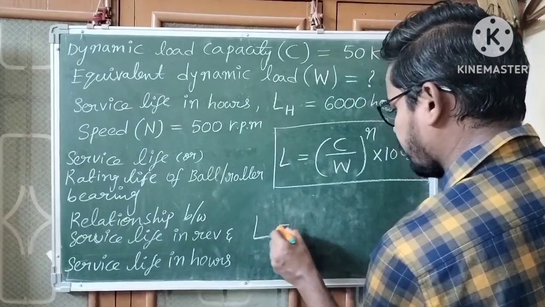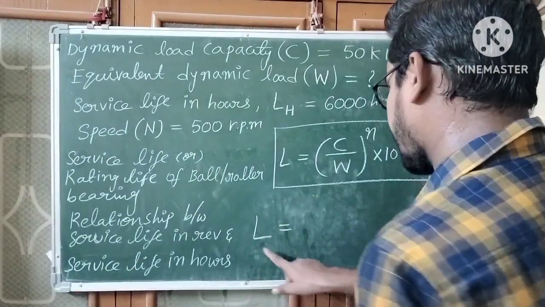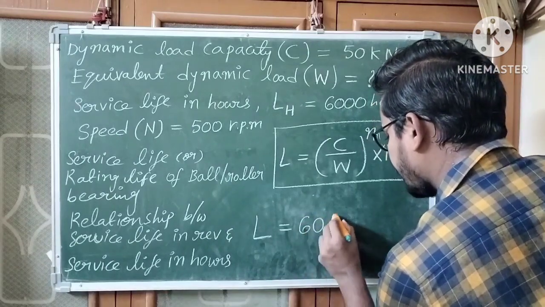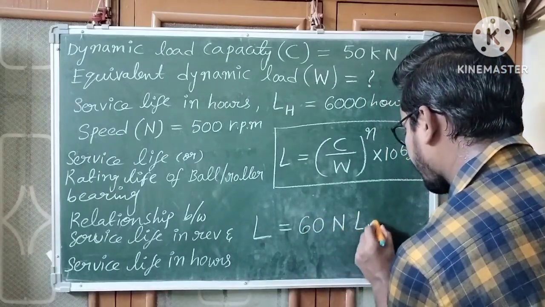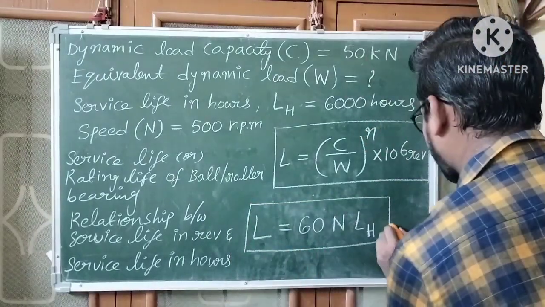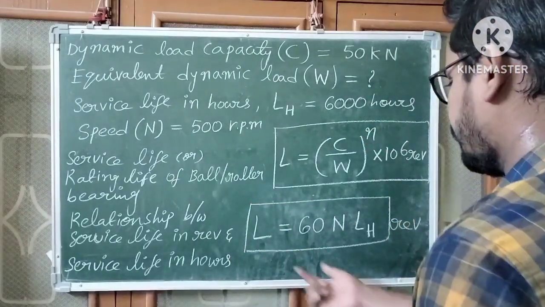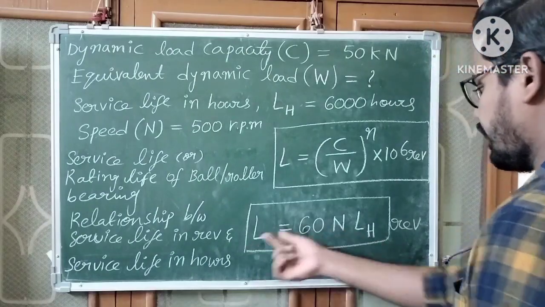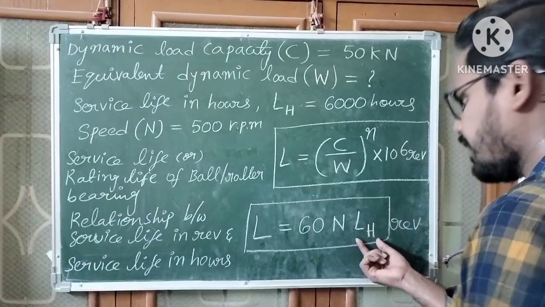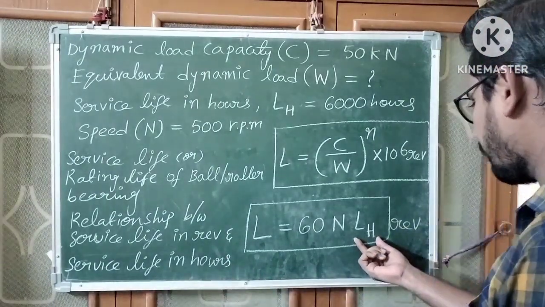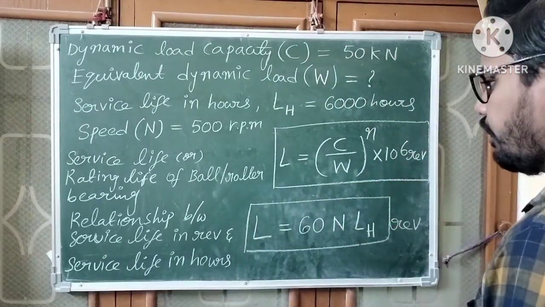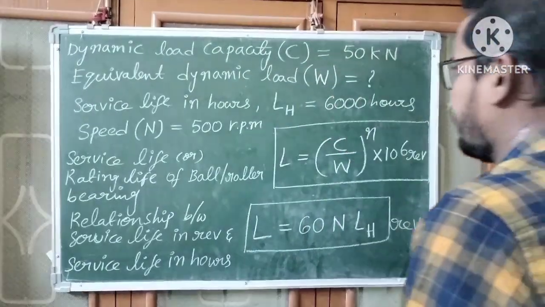L, the service life in revolutions, is equal to 60 into N into LH revolutions. L means service life of the bearing in revolutions and LH means service life in hours. Using these two formulas we can find the equivalent dynamic load.